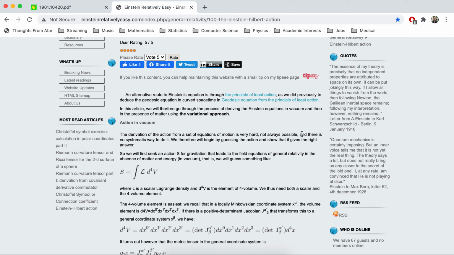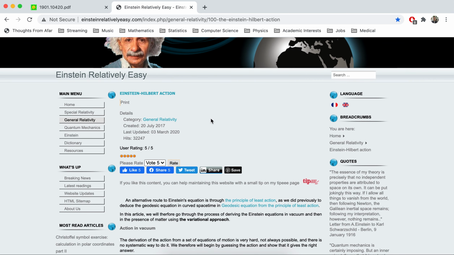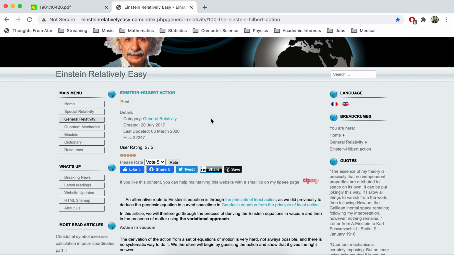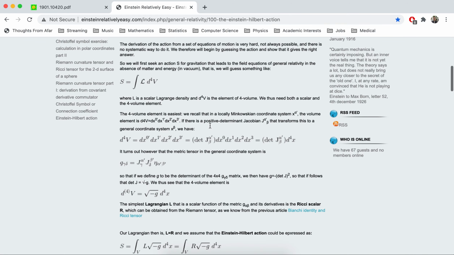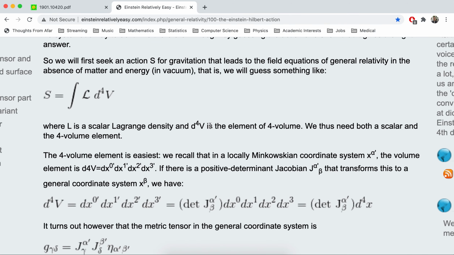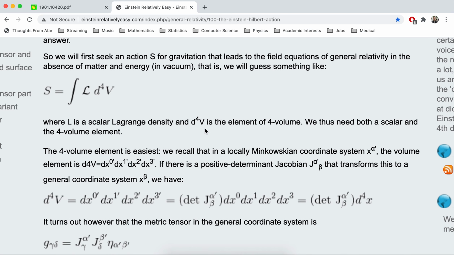So what I want to talk about today is this thing called the Einstein-Hilbert Action. So what is an action? In physics, this word action comes up a lot, and it's not that terrifying. It's actually very helpful, and it's a different way of looking at what you're trying to do in physics.